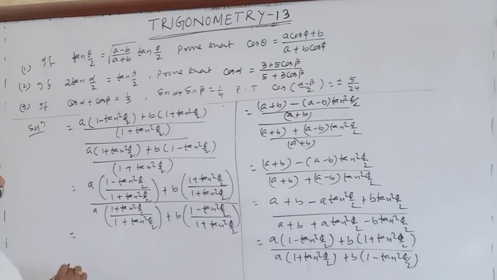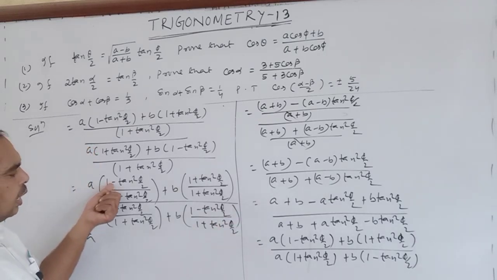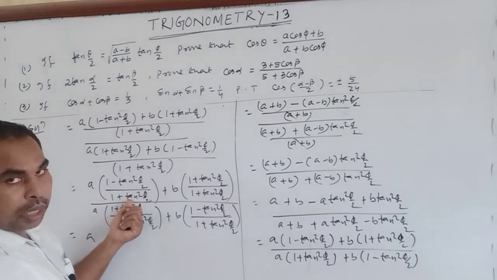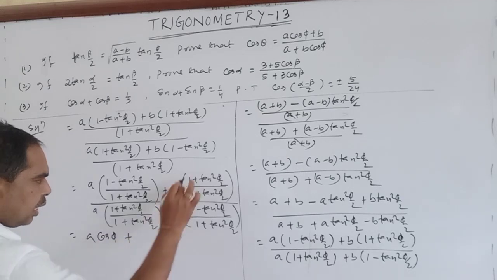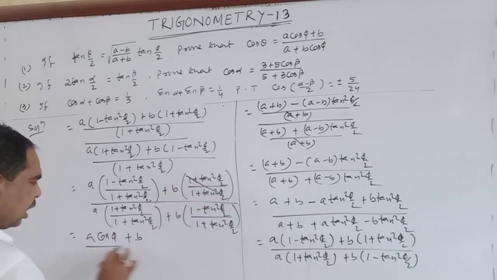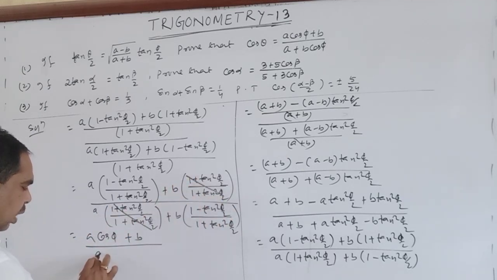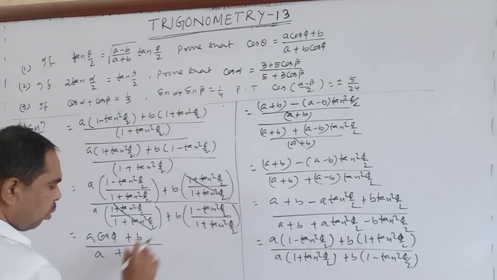So a into this, which is cos phi, plus b, this cancels; b divided by this also cancels, so it becomes a plus b into this is cos phi.